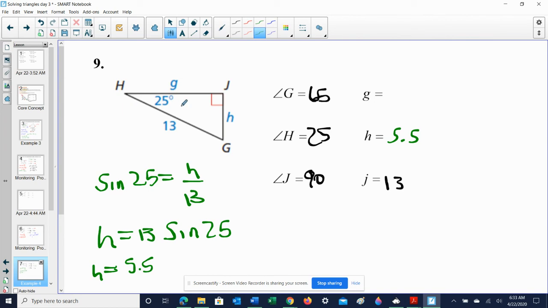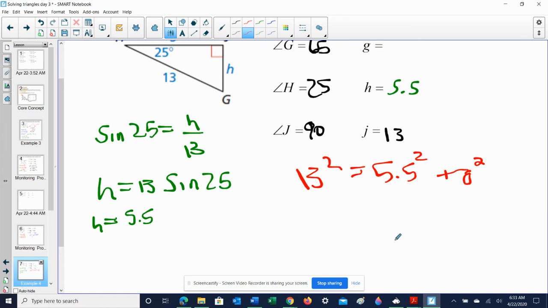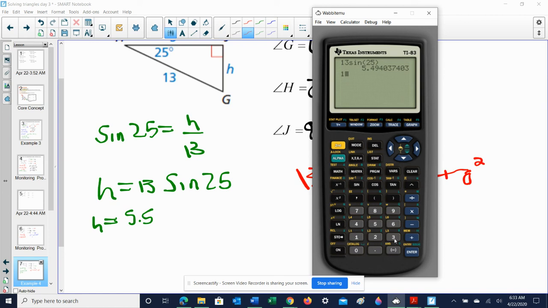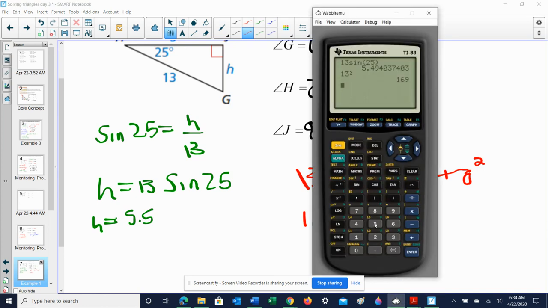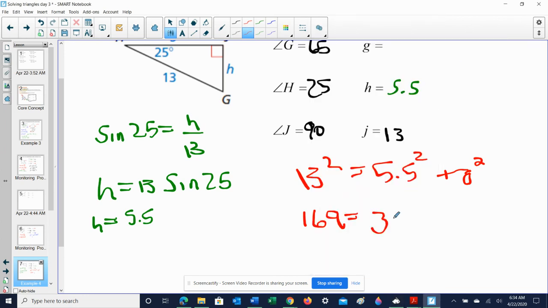How do I now find G? I could use the cosine, find G, but I think it's easier to use the Pythagorean theorem. 13 squared is equal to 5.5 squared plus g squared. 13 squared, you know what 13 squared is? 169. 169 is equal to 5.5 squared, which is 30.25, plus g squared.